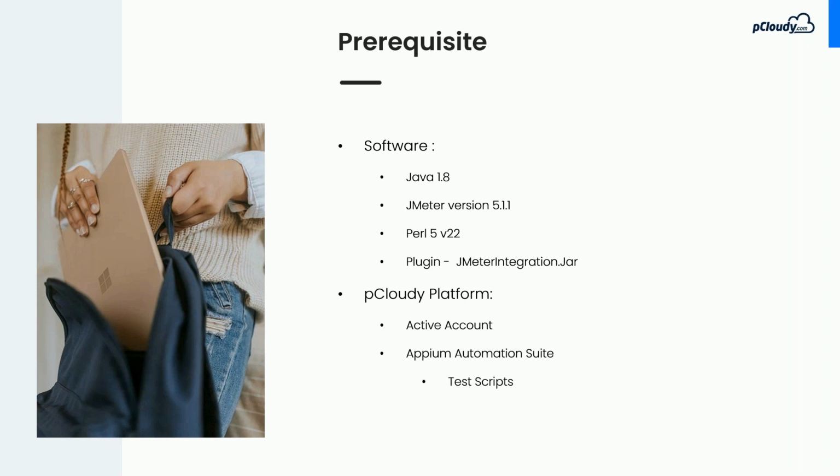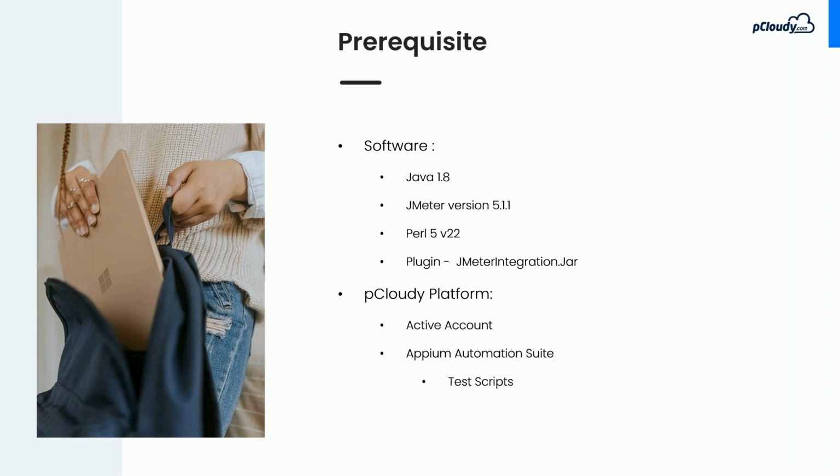We also need a plugin which we have created for the integration part. We call it here JMeter integration.jar. This is all that is required on the tester's system, and once this is there, from the testing perspective, that is ready. But there is still a need for an active account on the pCloudy platform.